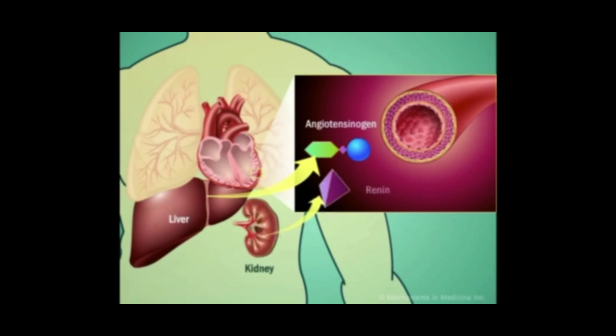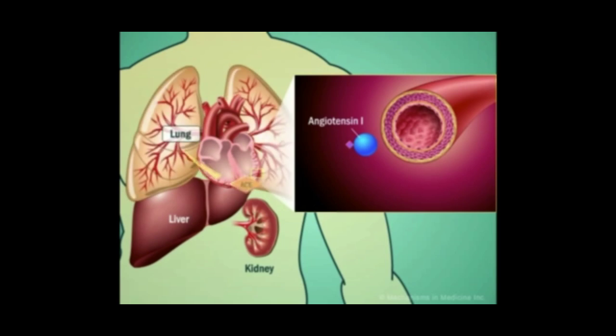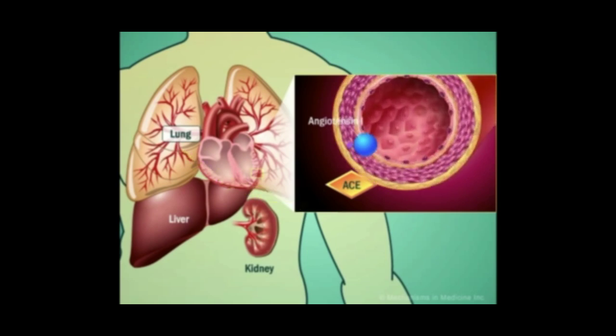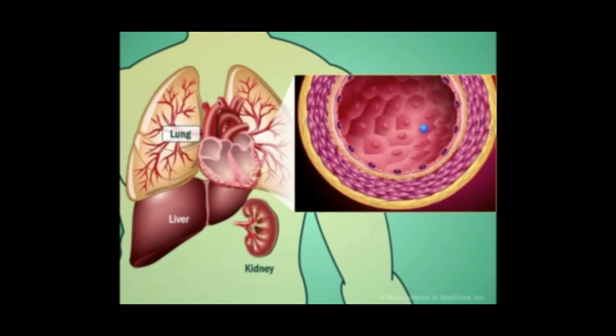An enzyme, renin, is secreted which cleaves angiotensinogen to form the inactive decapeptide angiotensin 1. Further transformation of angiotensin is carried out by angiotensin-converting enzyme, or ACE. This is predominantly found in the pulmonary circulation. However, ACE is also produced in the vascular endothelium of many tissues, including the kidney, adrenal gland, brain, and heart.